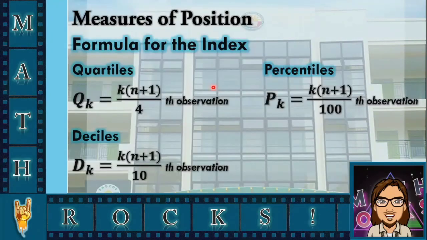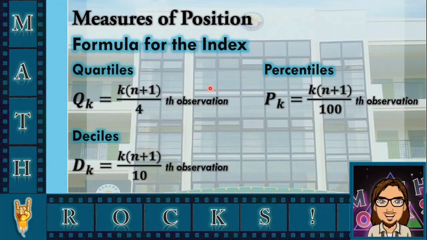And now let us proceed with the formula for the index of these measures of position. This is the same idea as how we can get the value of the median, because the median also pertains to a certain position that is exactly located in the middle portion of the distribution. Okay, so how did we get the value of the median?